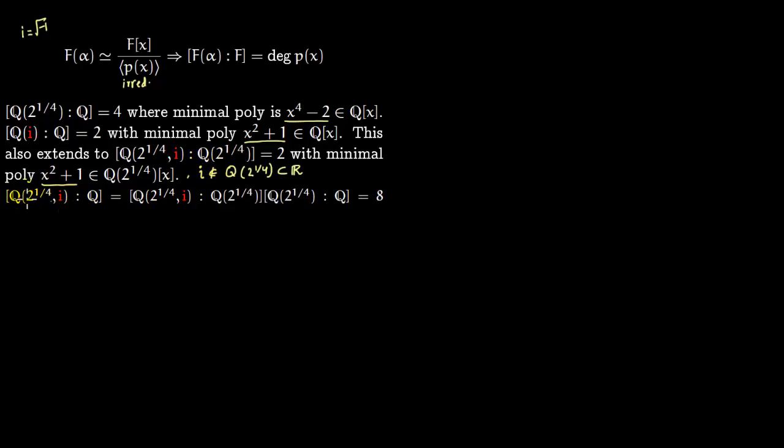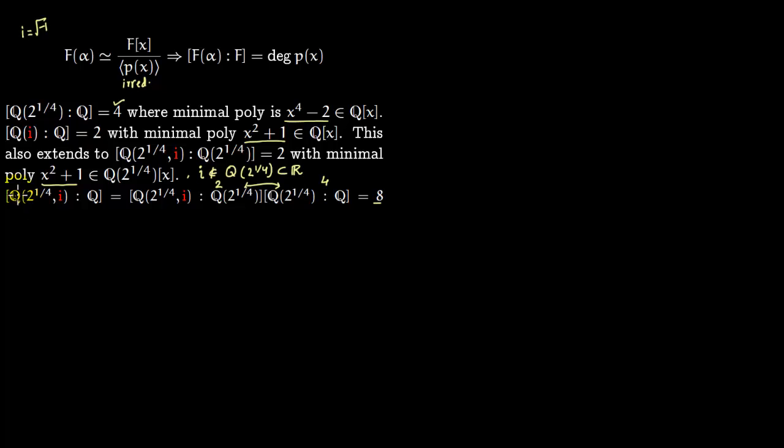So now you can compute Q(2^(1/4), i) over the rationals. You can write it like this and then like this, so these two will cancel out, but this you have computed to be 4 right here, and this portion is 2, so you get 2 times 4 is 8.